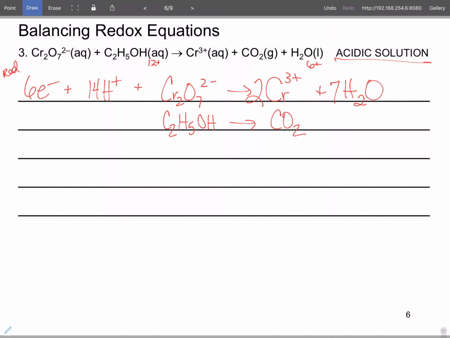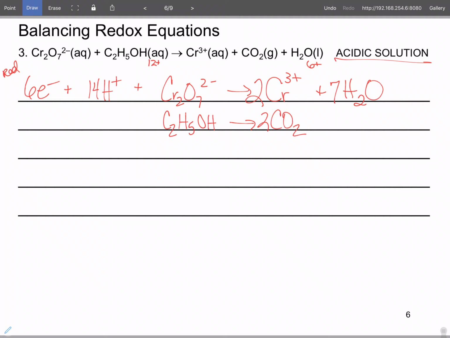Okay? So now let's go do the bottom one. And look, I did add water so far on that side. So I have 2 carbons, so I'm going to double the carbons there. I've got 6 hydrogens on this side, and no hydrogen on this side, so I'm going to add water, H2O.